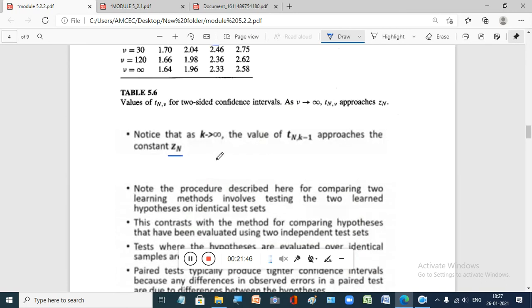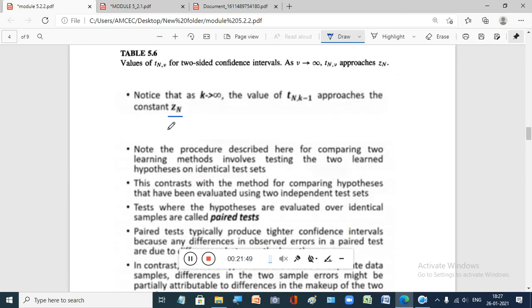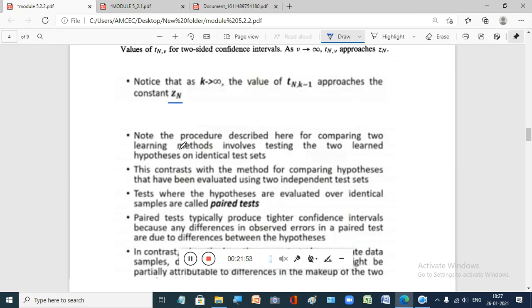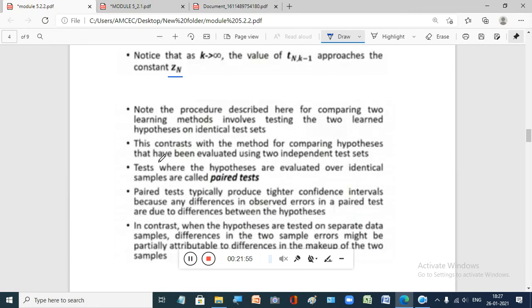Now if you look into this procedure we have just described, the procedure for comparing the two learning algorithms, we call it a paired test. Why do we call it a paired test? Because here the hypotheses are evaluated over identical samples.